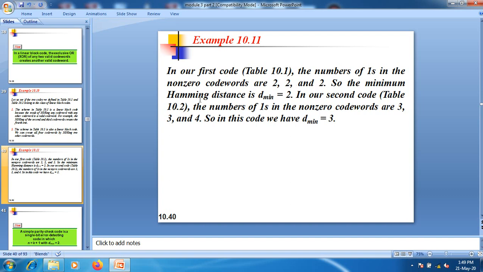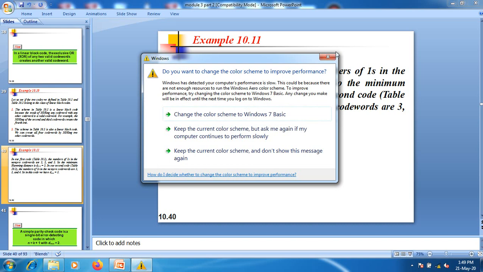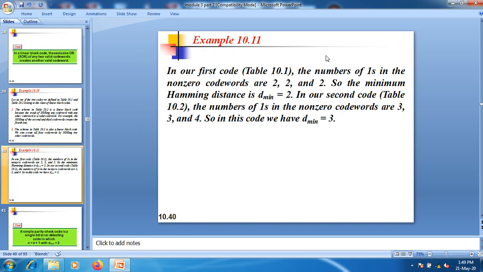So the minimum Hamming distance is d minimum equal to 2 here. In our second code, the number of ones in the non-zero code words are 3 and 4. So this particular coding scheme has the minimum Hamming distance of 3 here.